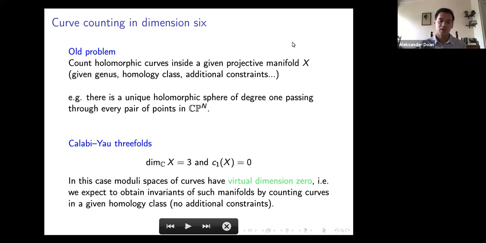No matter what homology class you choose, the moduli space of curves is always of expected dimension 0. That means that if all the equations for the curves were cut out transversely, then you would expect to have the moduli space consisting of isolated points. And then you can hope for counting such curves in a given homology class and to get some sort of invariance of Calabi-Yau threefolds. And of course, this has been done.